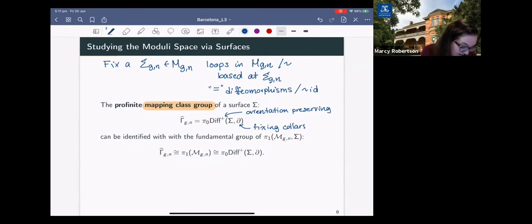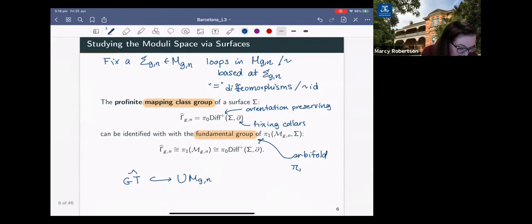So here's one of the lies, right? Technically, this is the orbifold fundamental group, pi 1. So I mean the orbifold fundamental group here. Okay. So going back, putting everything together, what am I trying to do? I want to know how I've moved from the Galois group to GT. I want to know how this acts on these moduli spaces.